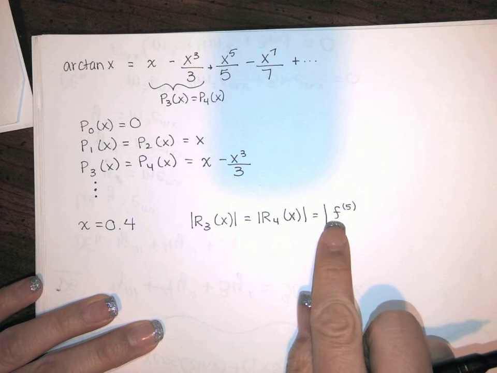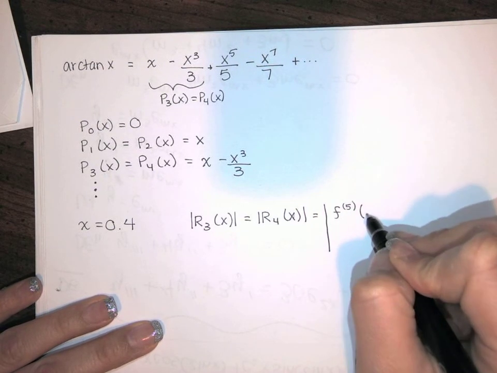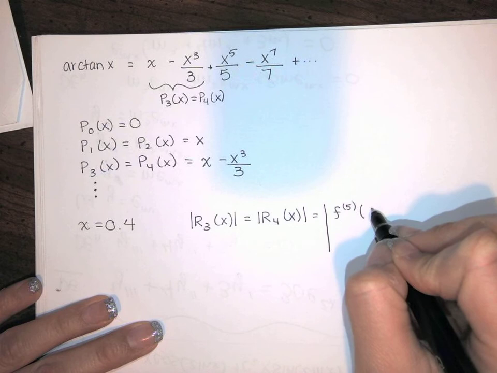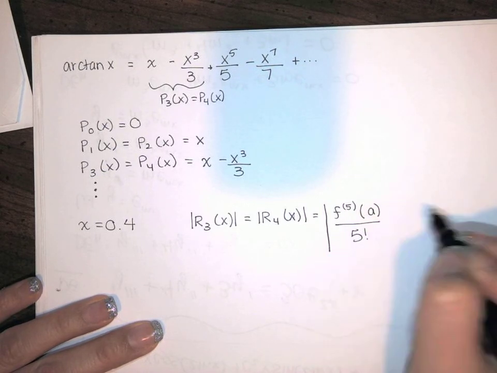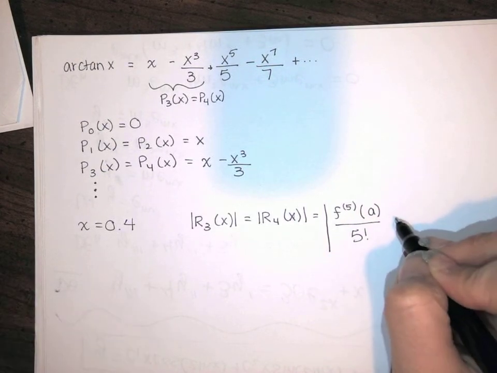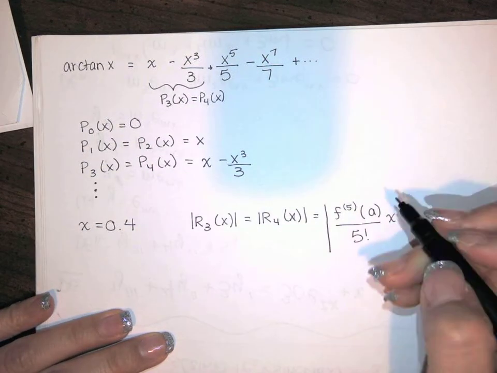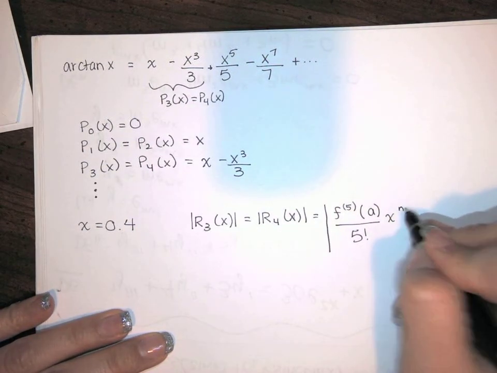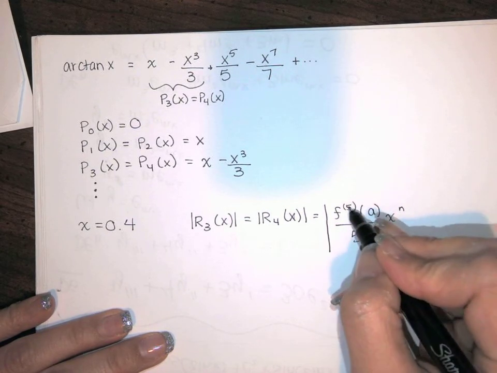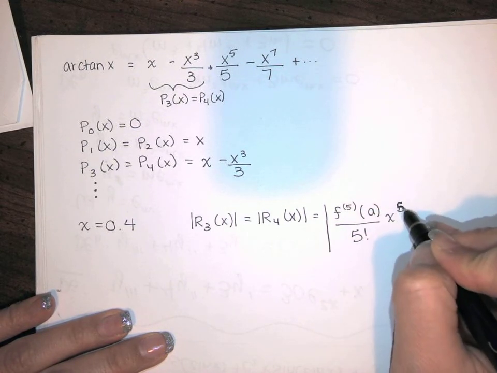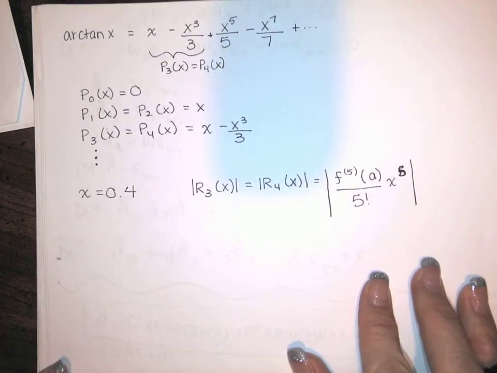And we know the error for the 4th order Maclaurin polynomial is this. It's the 5th derivative of the function evaluated at some x value. We're going to call it a, all divided by 5 factorial times x minus the center of the series, and this is centered at 0, all raised to the, excuse me, not nth power. If this is 5, that's going to be 5th power right here. Okay.